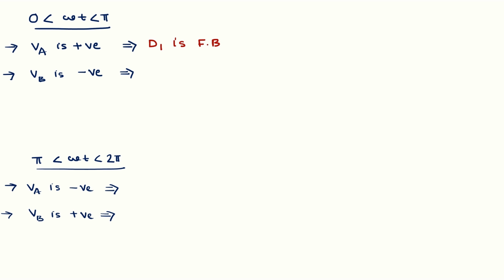VB is negative, so D2 is in reverse bias condition. That means it is a non-conduction state, otherwise an off state. When VB is negative, D2 is in reverse bias mode, which means the diode is not conducting, or the diode is off.